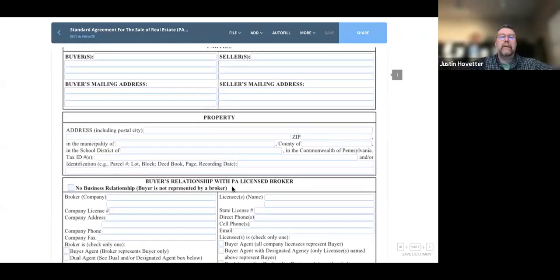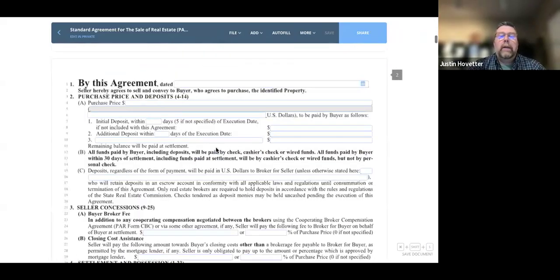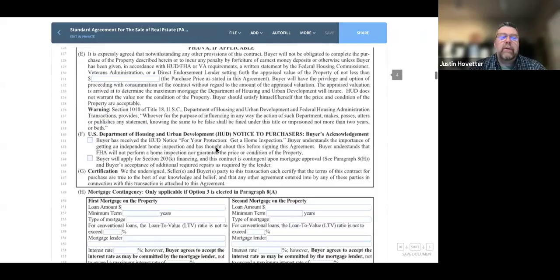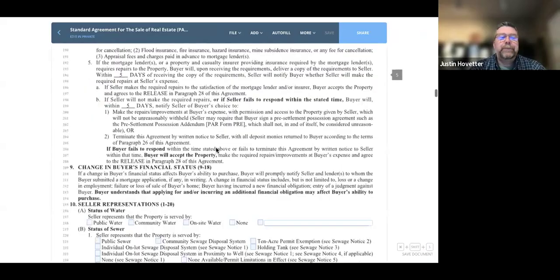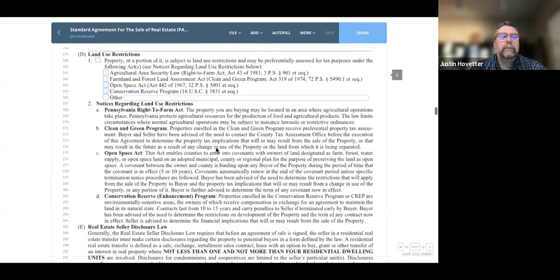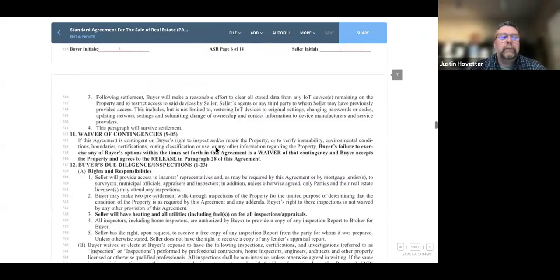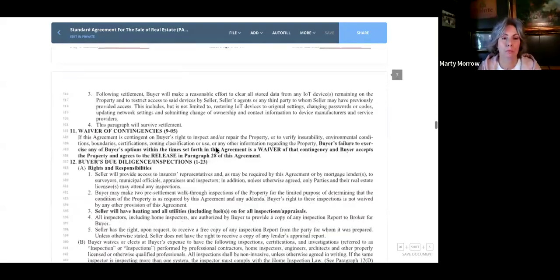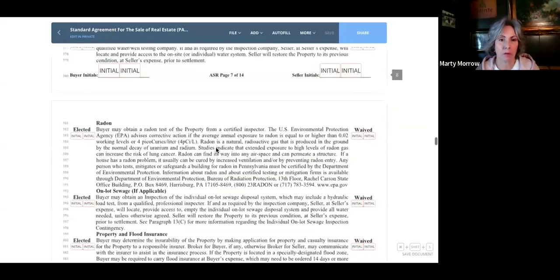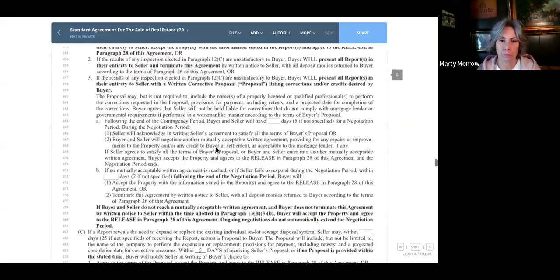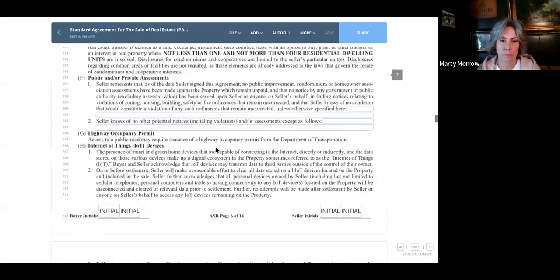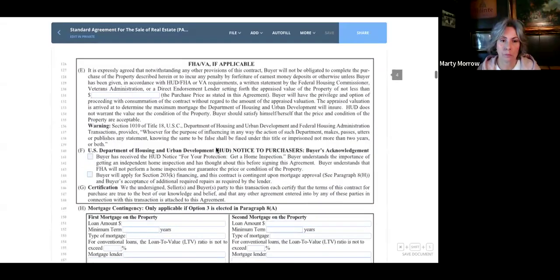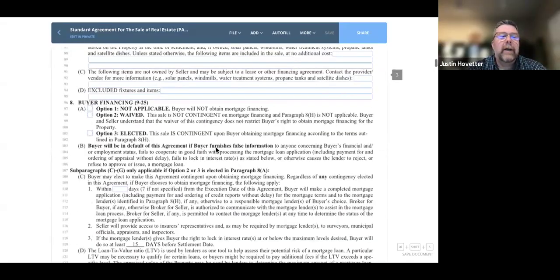Can everybody see the standard agreement of sale in front of you? Then we're off to a good start. Bear with me as we scroll down. Sorry, got carried away.